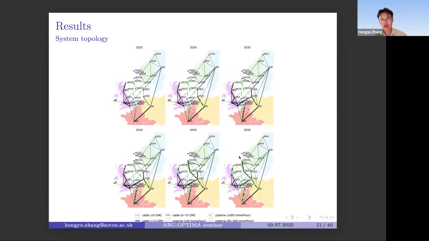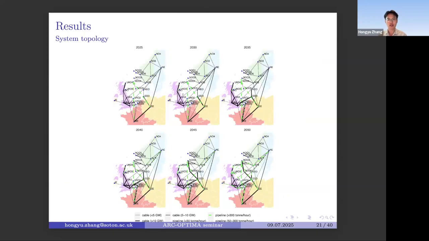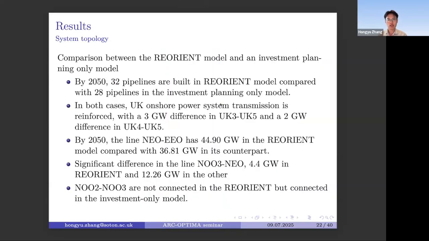As you can see, by 2050 there are quite some hydrogen pipelines, the green dashed lines, with significant capacity from offshore, from the North Sea to the rest of Europe. And these are just some detailed analysis regarding the connections of the lines, so I will not spend too much time on this.